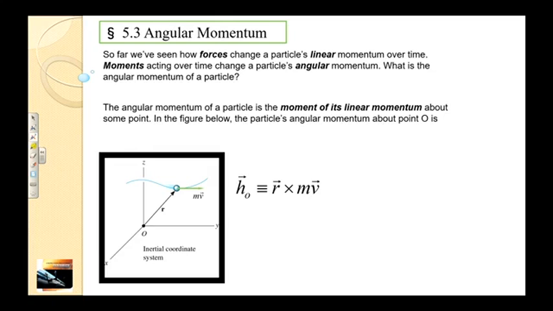So that piece just falls out. These guys are parallel, because r dot is parallel to v. So what I'm left with is just this, r cross m v dot, which is what I wanted to show. So, how do we use that?